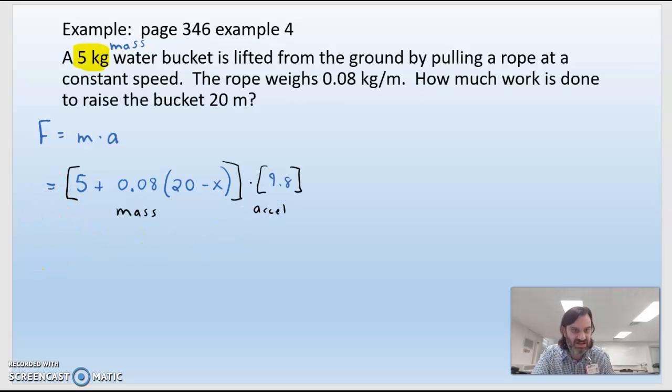So let's clean that up so that we have a force function. We can do this many different ways, but let's push it through, because once we get it, it'll be easy to integrate.